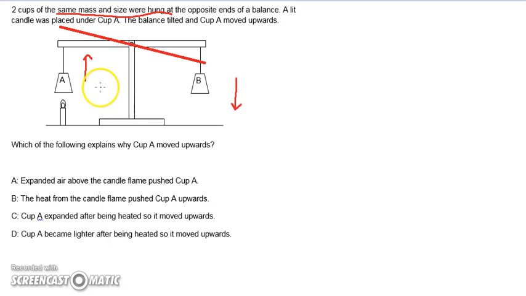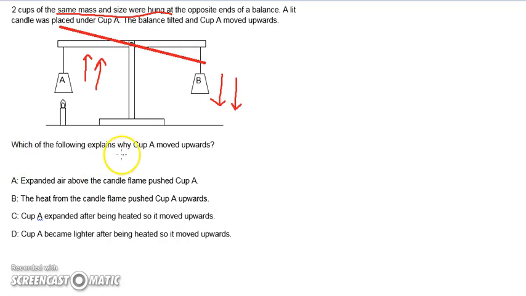There must be a force upwards, so that this beam here that was at first horizontal and pivoted here must now go downwards. Because there's a push up, so this will be pushed down.